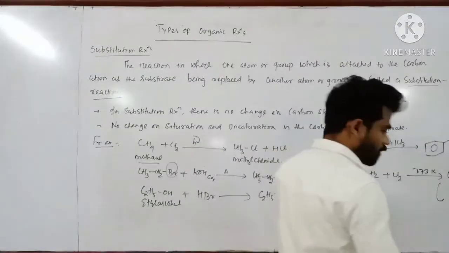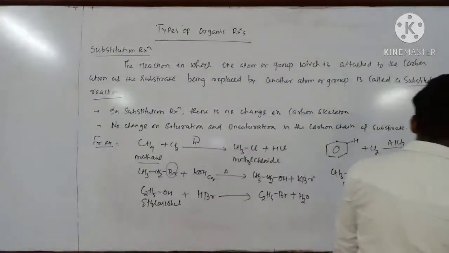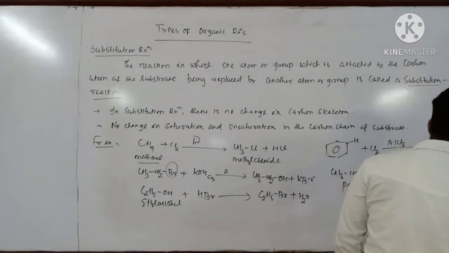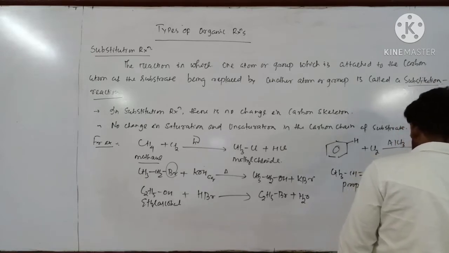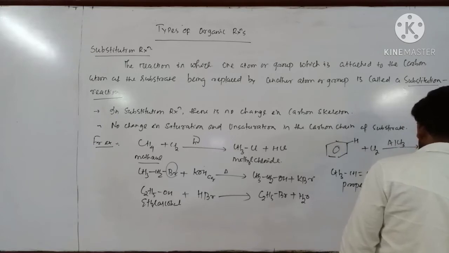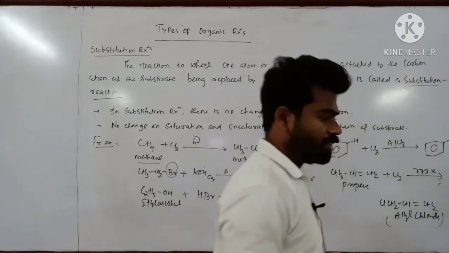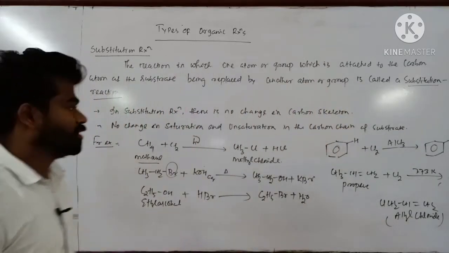Okay, it's beyond our camera, so let me write down here the product, that is ClCH2-CH=CH2. This one is allyl chloride. So these are different substitution reactions.